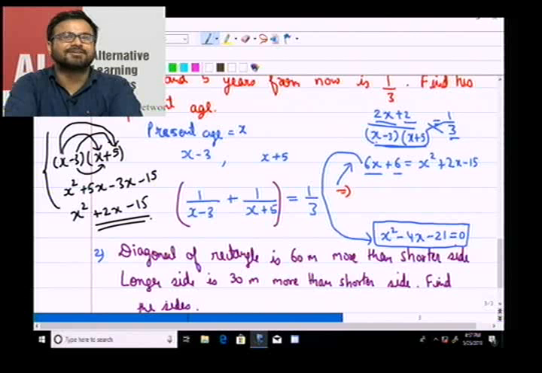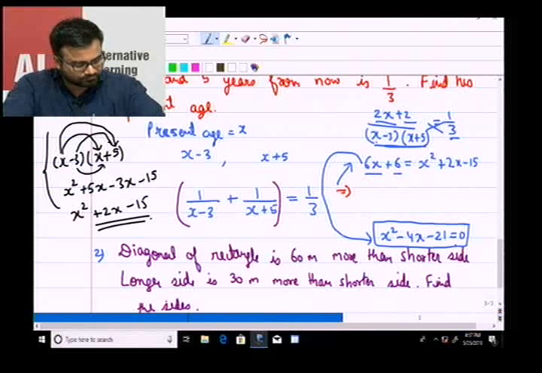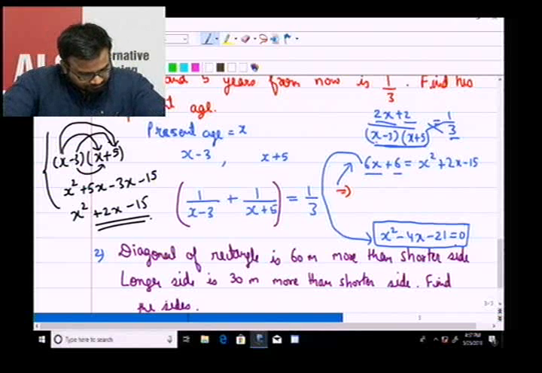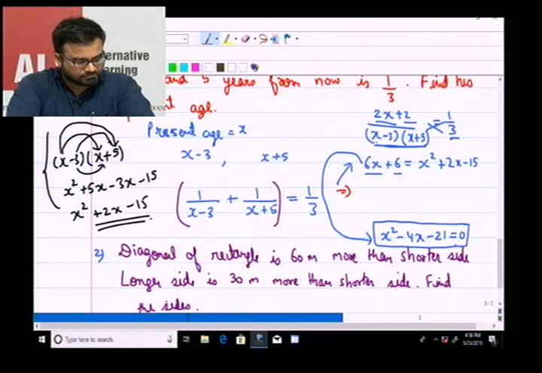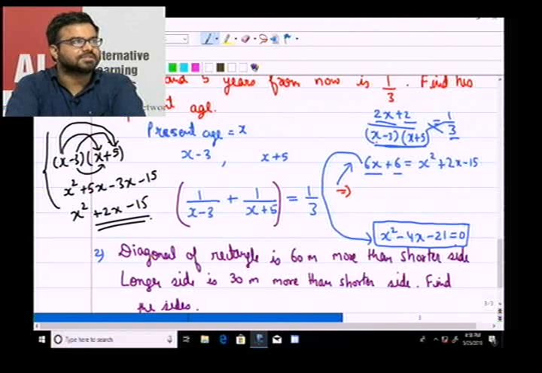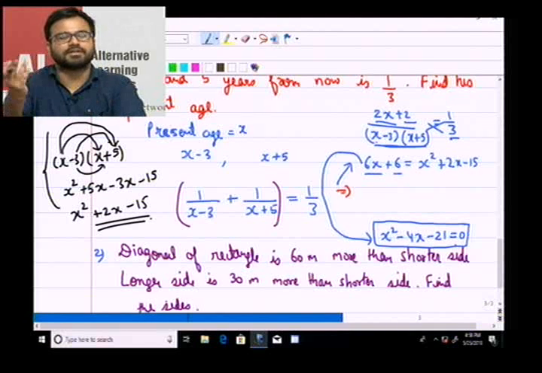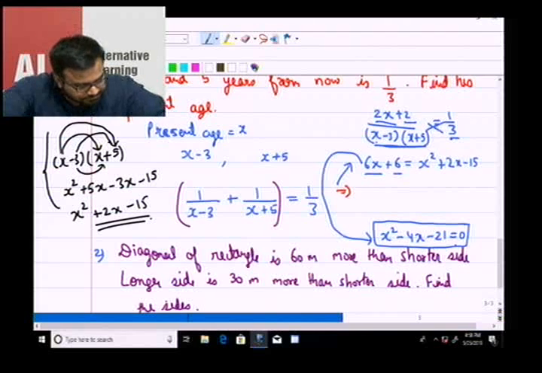No, the answer is not right, Shillong Center. Senapati Center, the answer you have given, that's right. Now, based on this answer, tell me the sides of the rectangle.